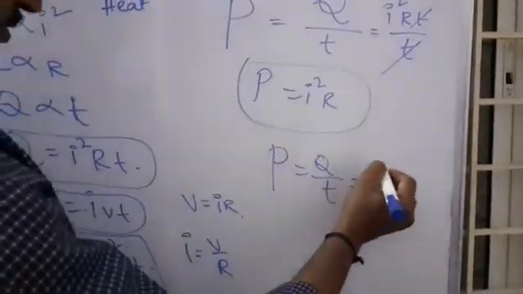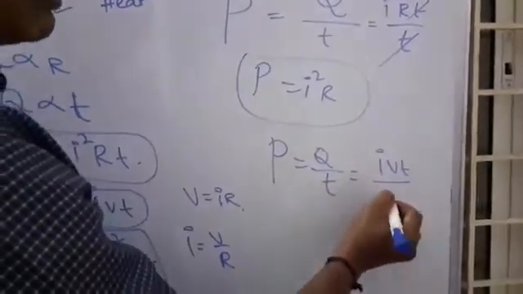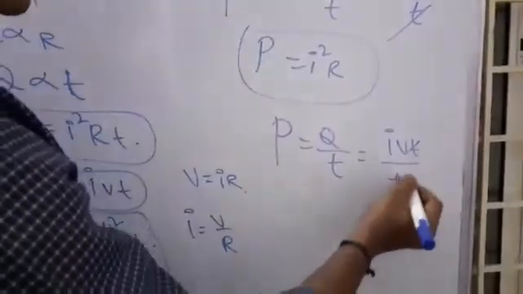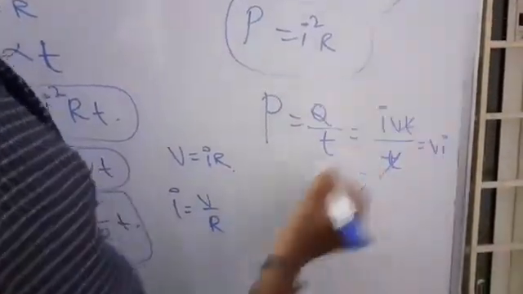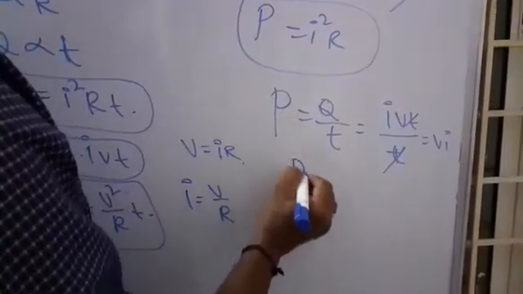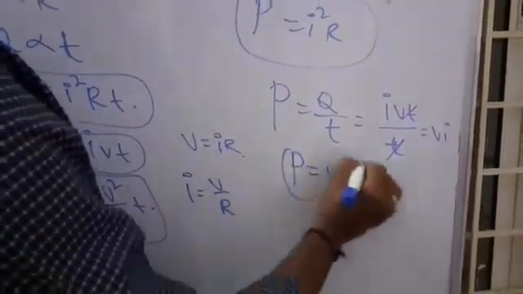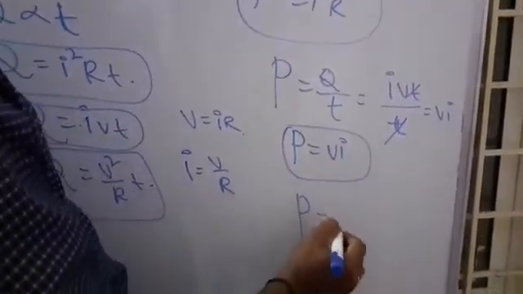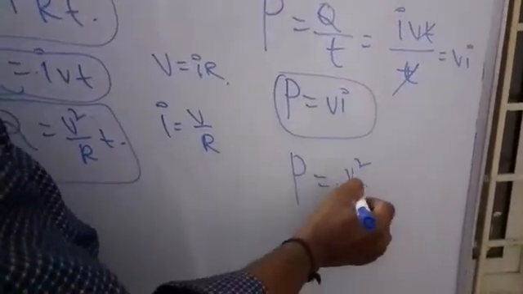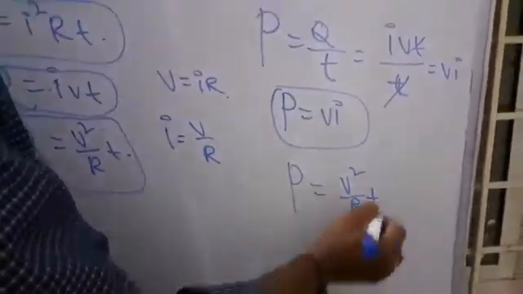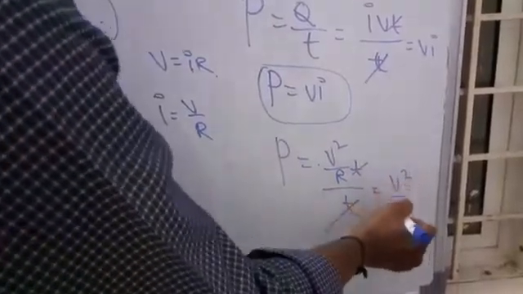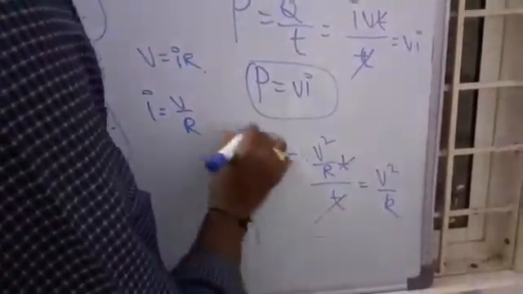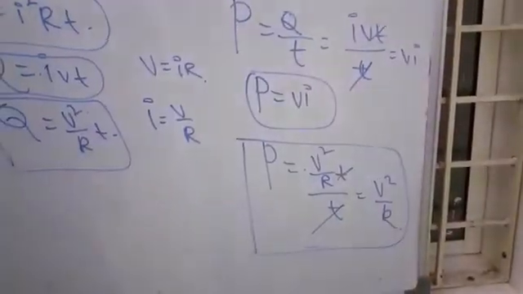Therefore, I into V into t divided by t, t gets cancelled, P is equal to VI. Next, P is equal to V square by R into t divided by t, t gets cancelled, V square divided by R. So these are the electrical power formulas.